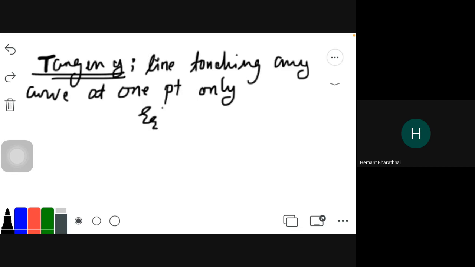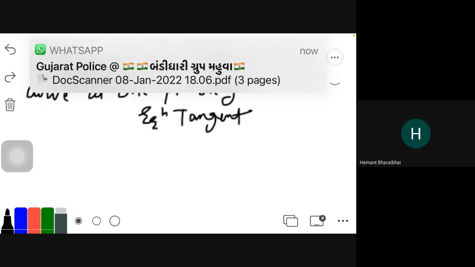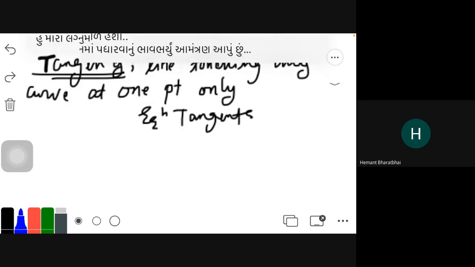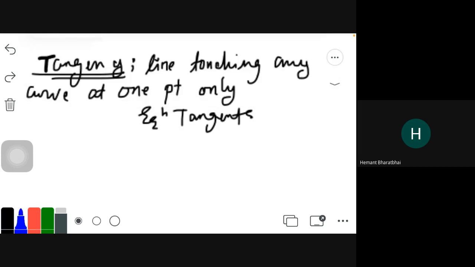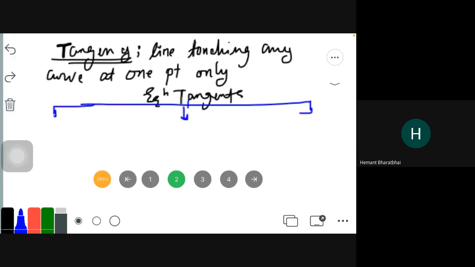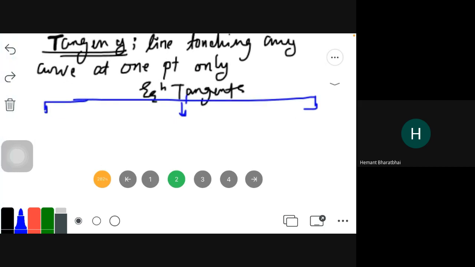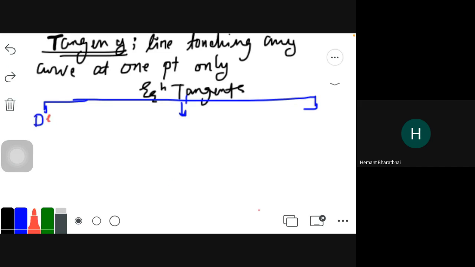When you want to find the equation of the tangent, there are three ways in which I can do it. One is the method of derivative, one is condition of tangency, and one is by formula.